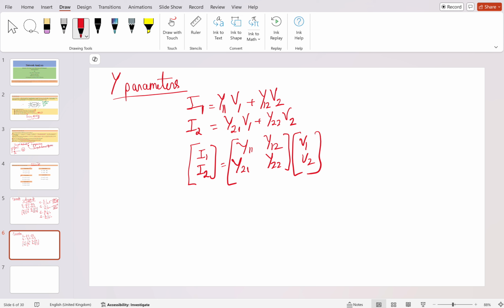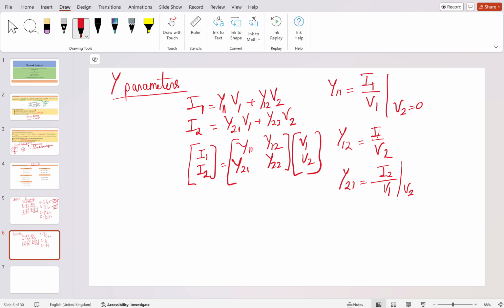So what is the value of Y11? Y11 is equal to I1 by V1 at V2 equal to 0. Y12 is equal to I1 by V2 at V1 equal to 0. Y21 is equal to I2 by V1 at V2 equal to 0.